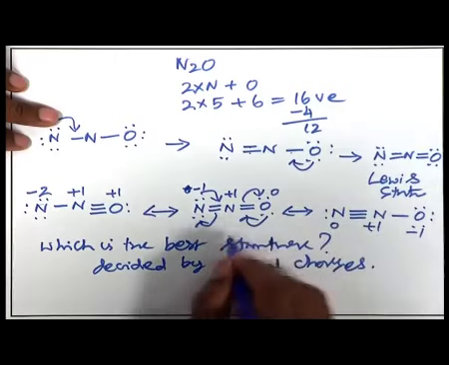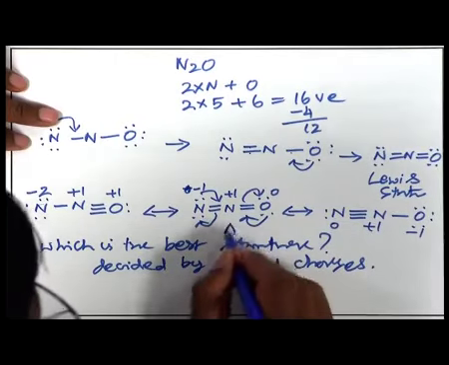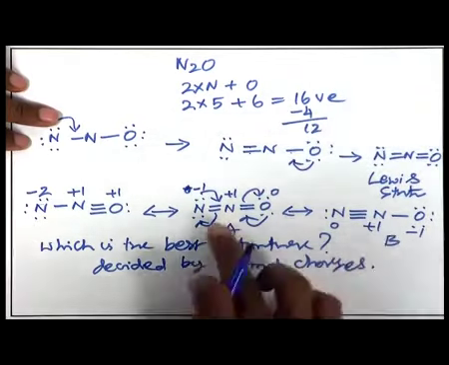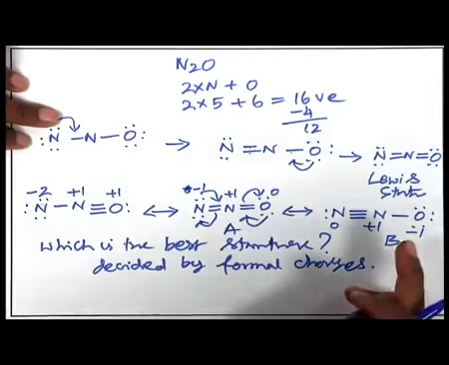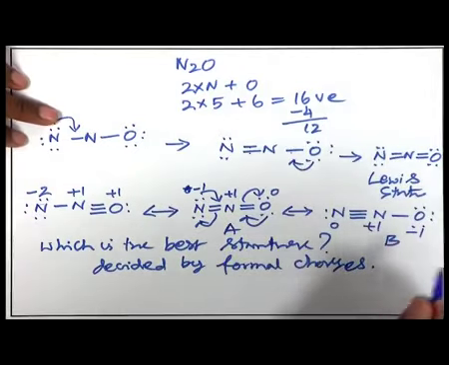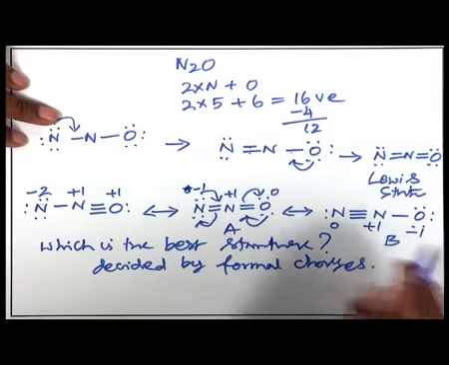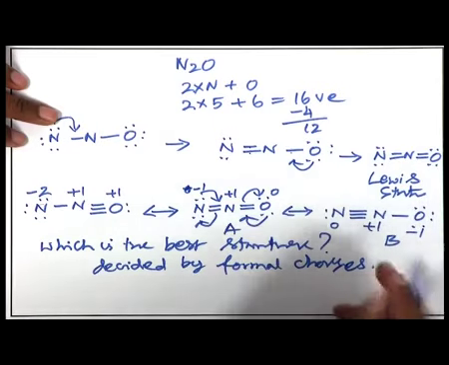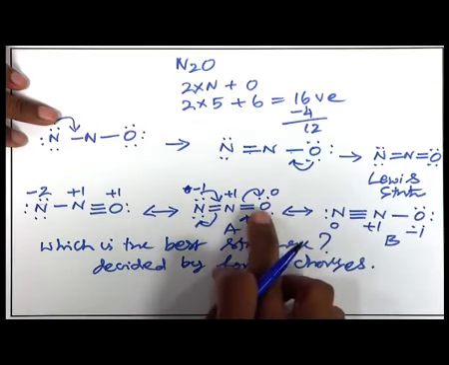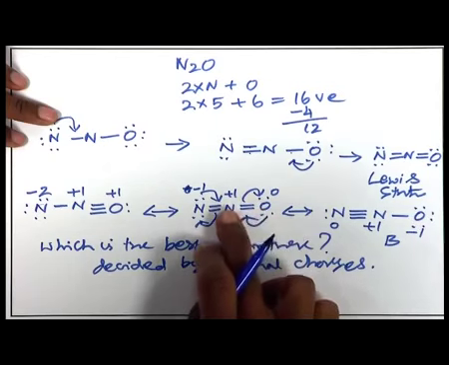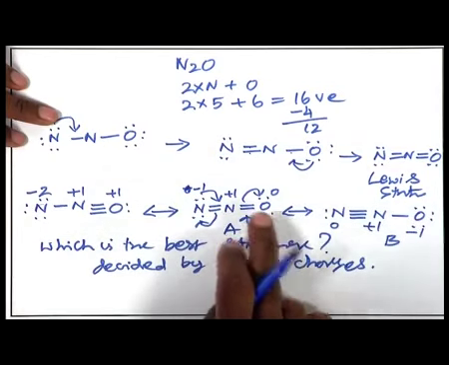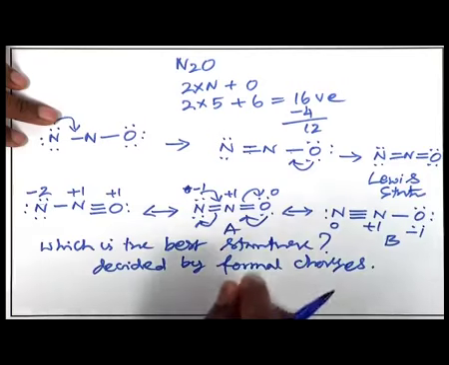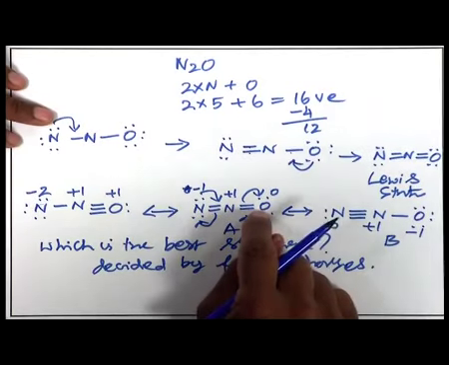Among these two structures, for example, this is structure A, this is structure B. Which is the most contributing structure, you can decide based on the second rule, that is, the negative charge should lie on an atom which is more electronegative. If you look at here, between nitrogen and oxygen, oxygen is more electronegative than nitrogen. So the formal charge on this oxygen atom is 0.